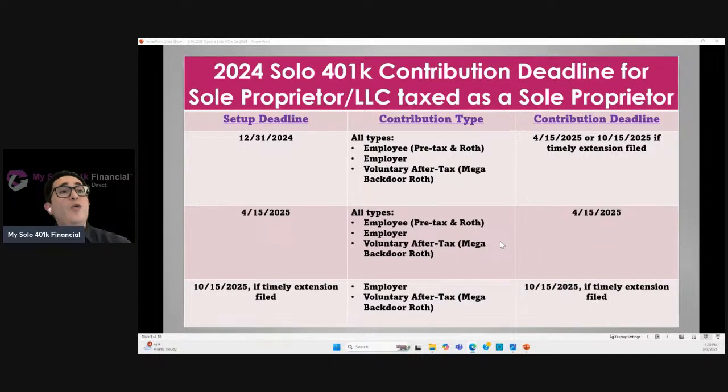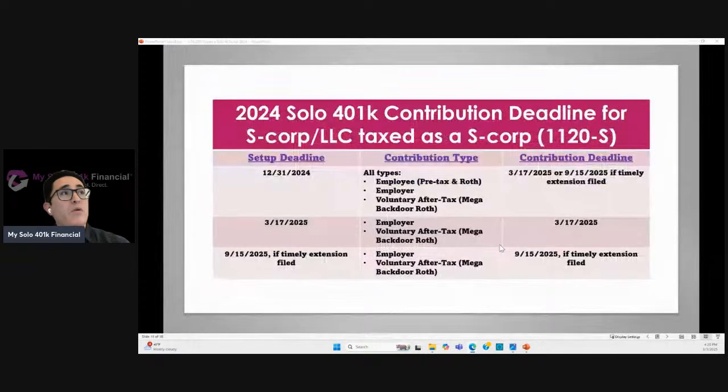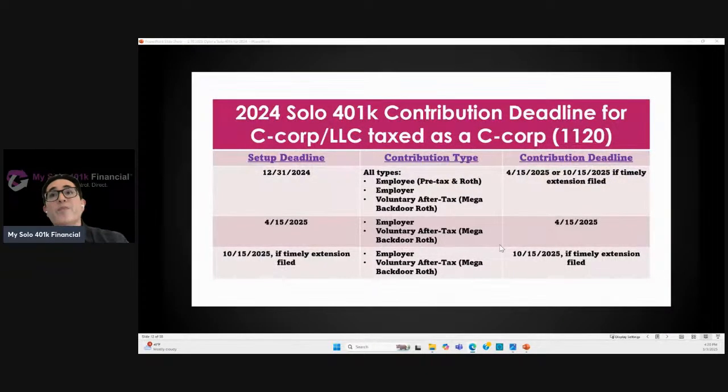Now, for other business types, let's say it's an S Corp or a partnership or even a C Corp, if they didn't have a basic plan somewhere else, let's say they didn't set up a solo 401k at Fidelity or Schwab before the end of last year, and they didn't sign up with us before the end of last year, if their business is not taxed as a sole proprietorship, then it's too late to set up a plan and make employee contributions.